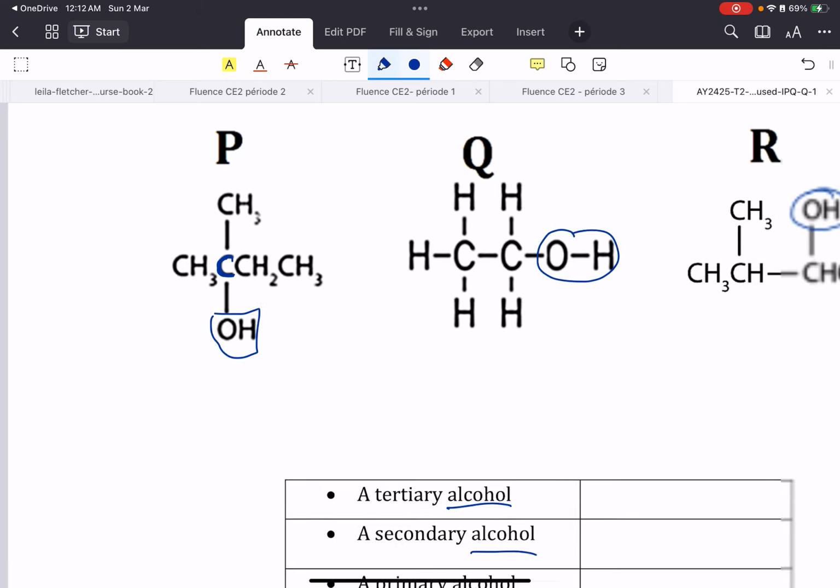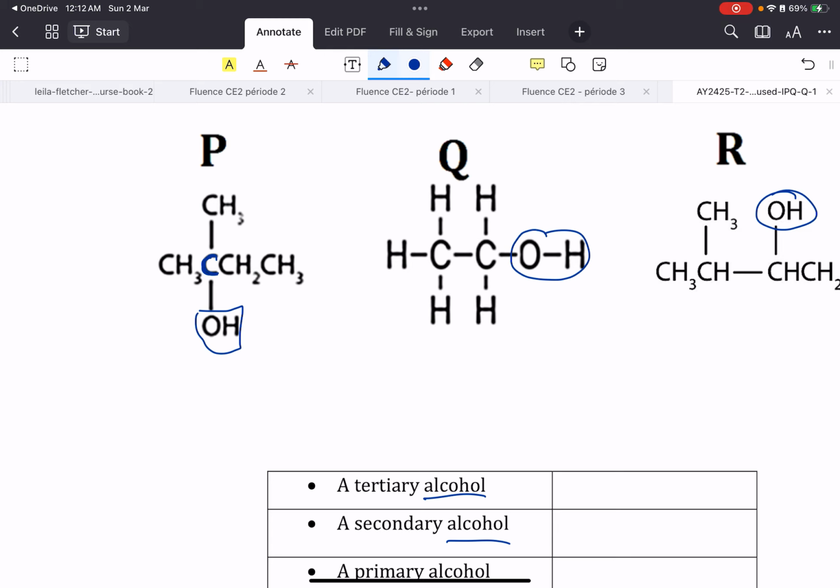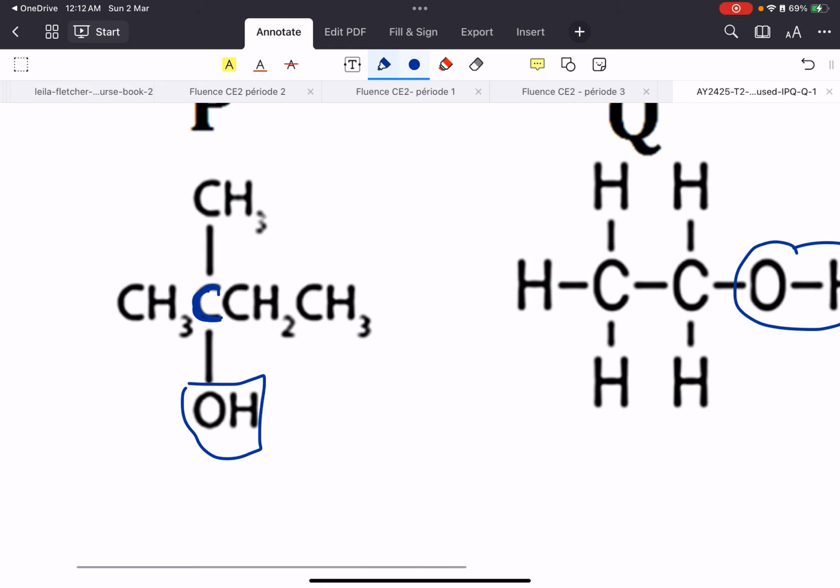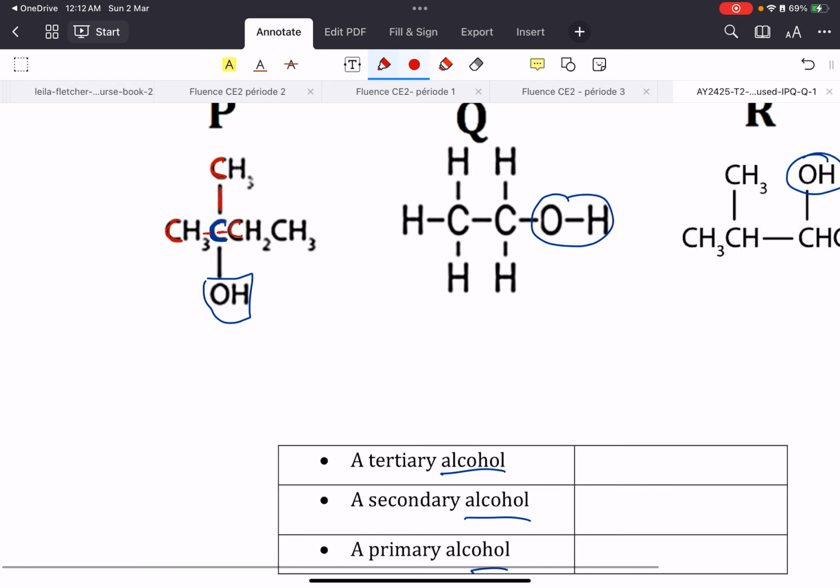If this carbon does not have hydrogens on it, or if this carbon is connected to 3 other carbons, 1, 2, 3, then this is a tertiary alcohol.